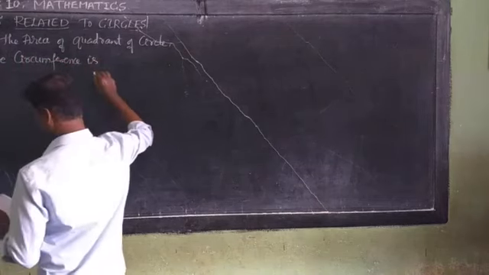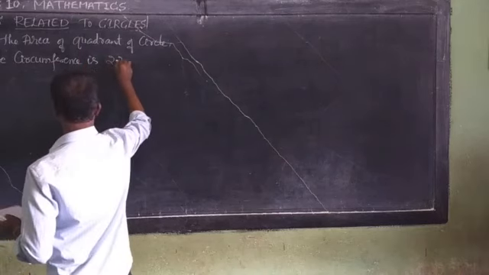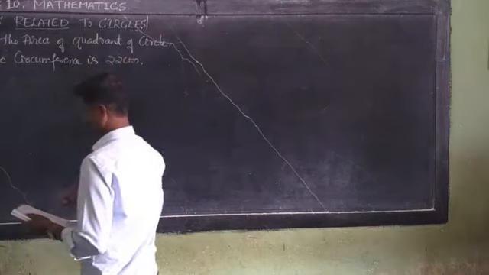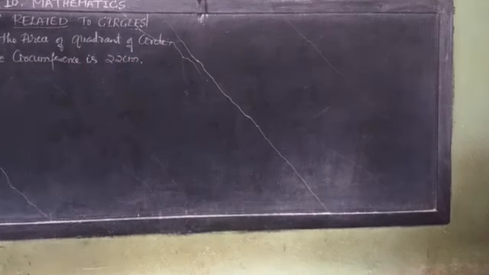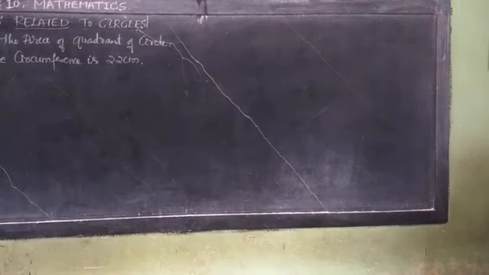Find the area of the quadrant of a circle whose circumference is 22 centimeter.